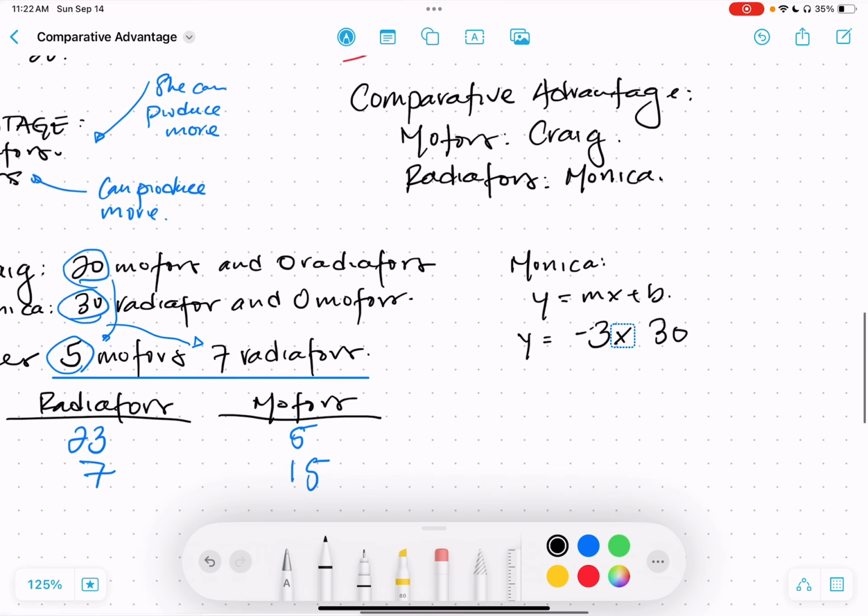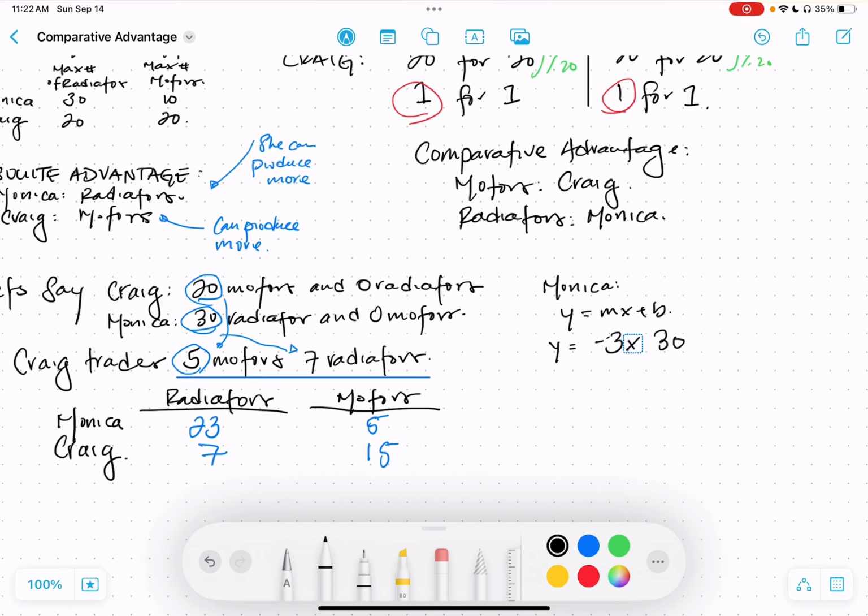Okay. Now to determine whether she got a good deal or not, we're going to plug in our x here. You can do the y as well, doesn't matter. We're going to see in ordinary circumstances, if she were to produce on her own 5 motors, how many radiators would she get? Y equals -3 times 5 plus 30. Y equals -15 plus 30.